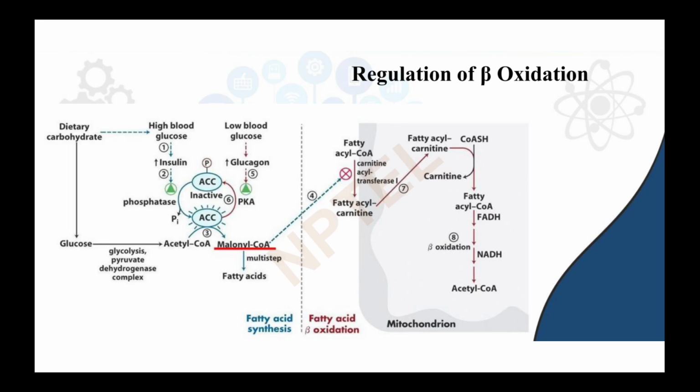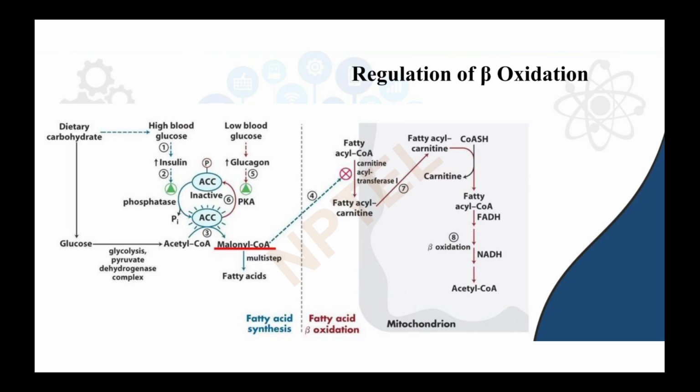Low blood glucose means glucagon will be synthesized, and glucagon will trigger all the pathways that will go towards the glucose. Okay, so it will trigger gluconeogenesis and all the other pathways, glycogen breakdown and all. Okay, that will go towards the glucose.